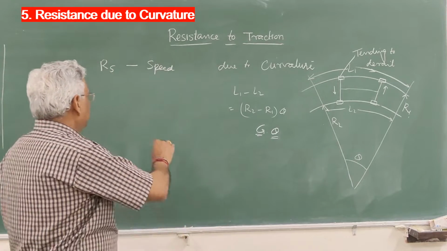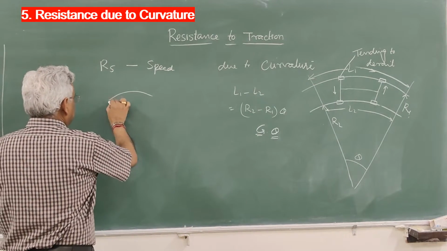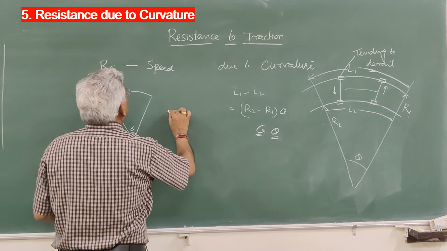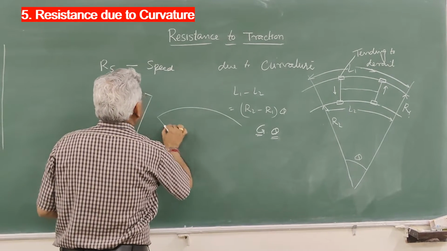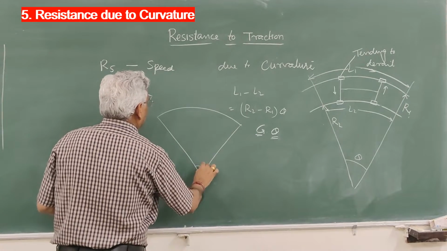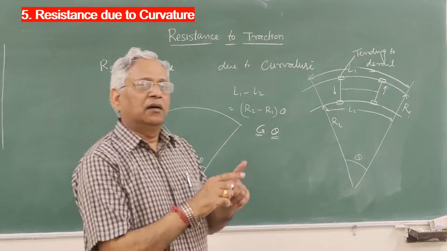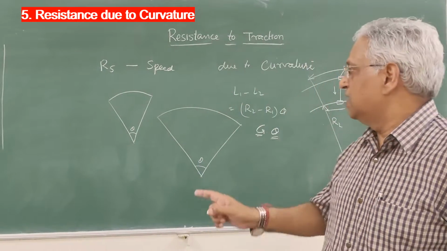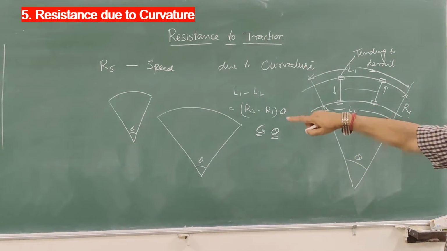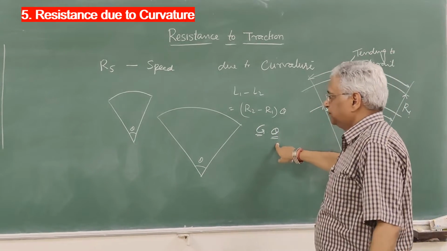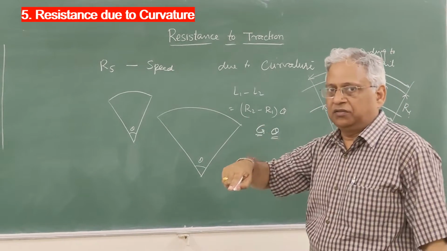That means that there are two curves with same central angle theta. One is having a very large radius and another having small radius. The resistance will be same, because here the resistance is the function of the slip, amount of slip. The amount of slip is gauge into theta. It depends upon the gauge, naturally.